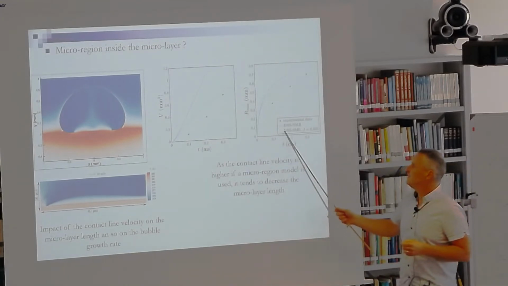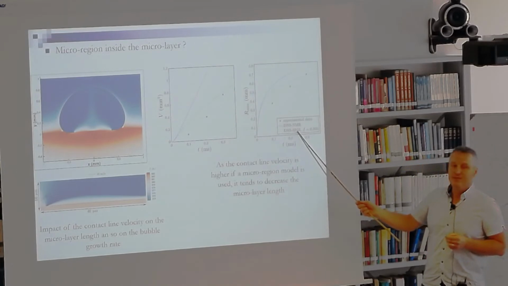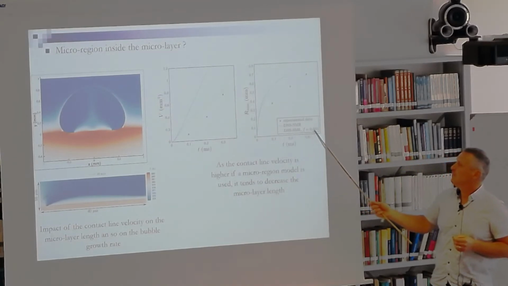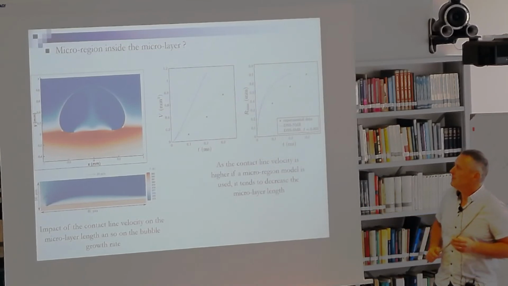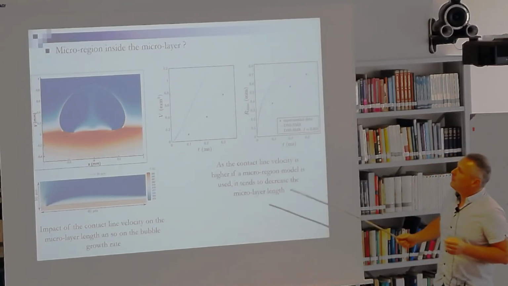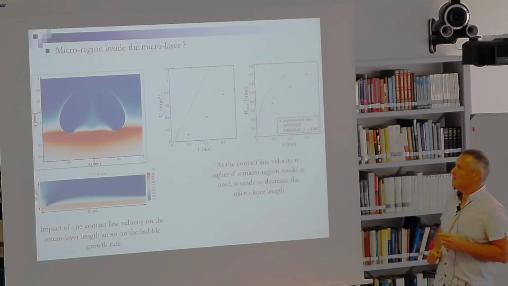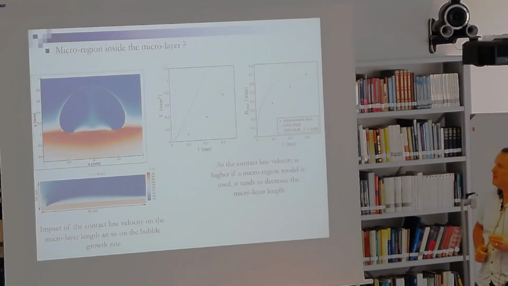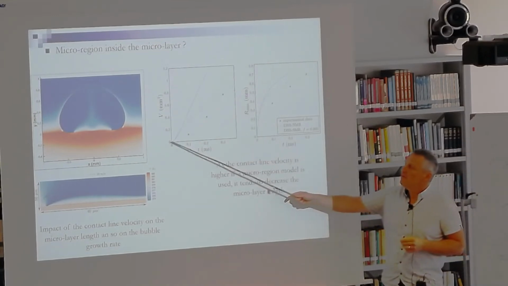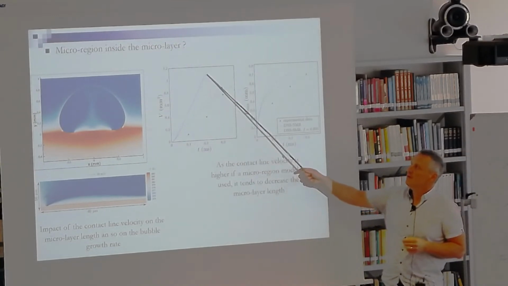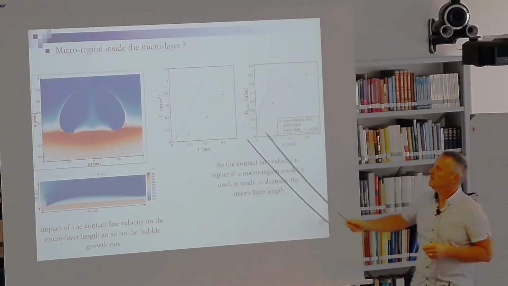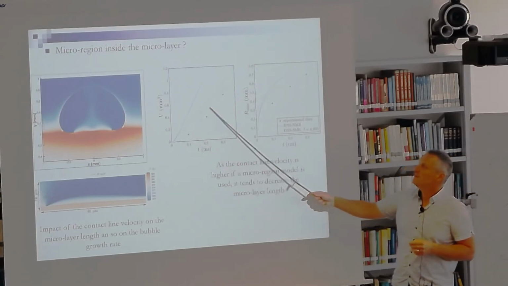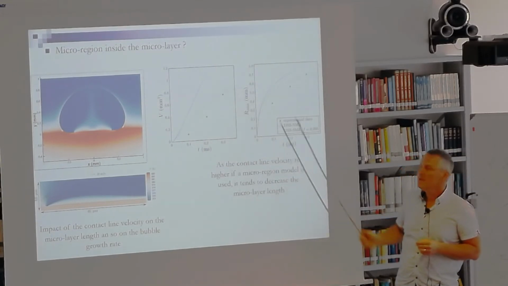And here, a DNS accounting for the microregion with the following value of the accommodation coefficient, 0.005. And what we observe is, in the case where we do not account for the microregion, the bubble volume is increasing much more quickly than in the case with the microregion.